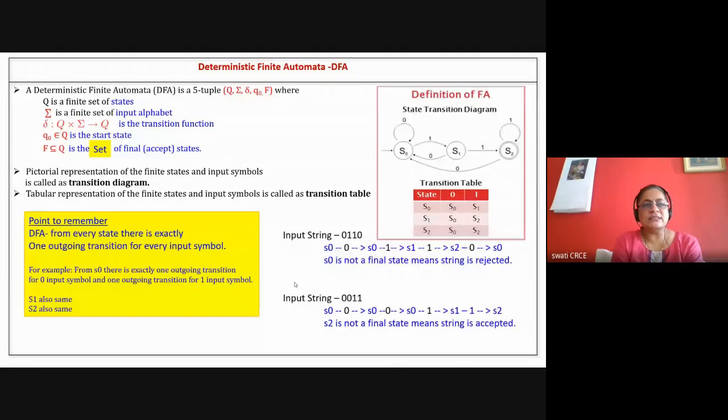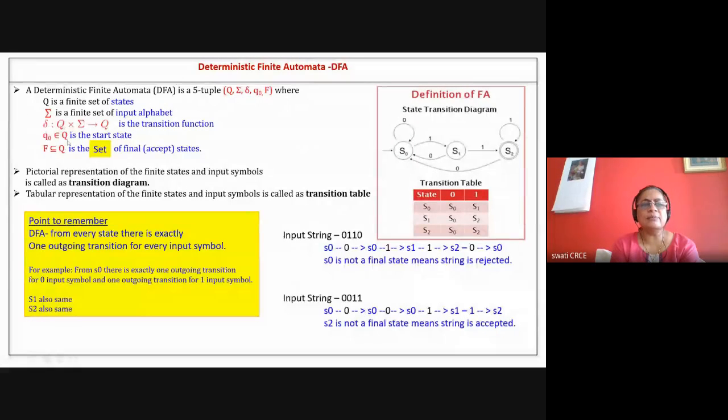Okay, so let's revise the definition. DFA is deterministic finite automata. It is a combination of 5 elements: Q, sigma, delta, Q0, F, where Q is a finite set of states, sigma is a finite set of input symbols, delta is the state transition function that shows if you are in a current state with a particular input symbol, the machine may transit into the next state.